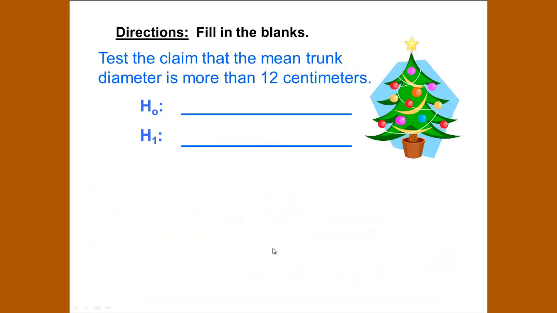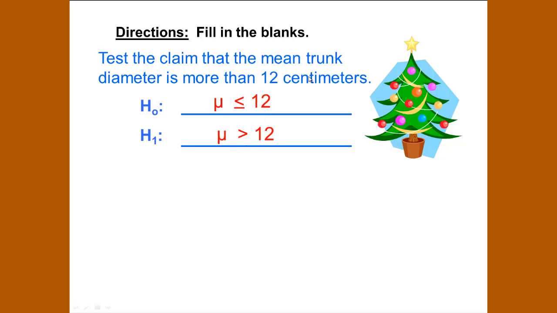Next example. Test the claim that the mean trunk diameter is more than 12 centimeters. Our claim is the mean is more than 12 centimeters. Mu greater than 12. That gives us the null at mu less than or equal to 12.